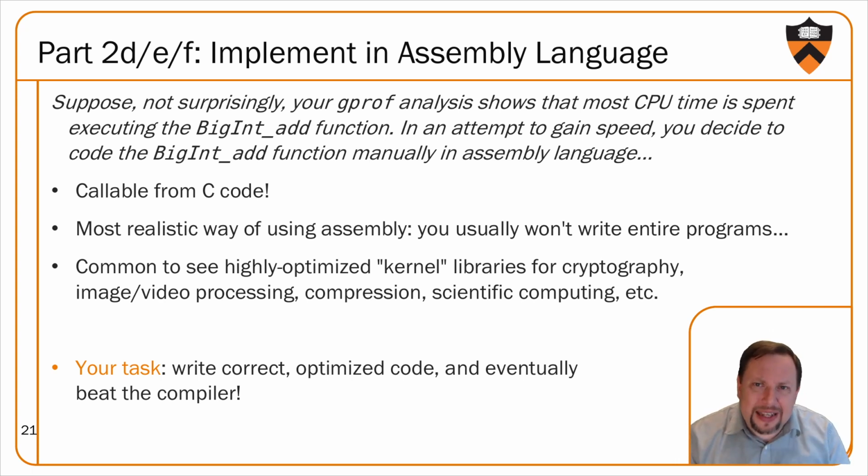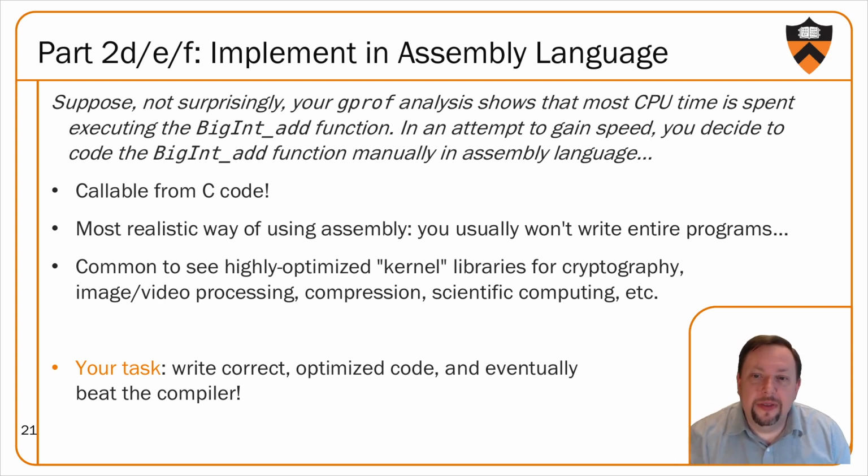People don't write entire programs in assembly language. They write little tiny narrow bits of code that they think they can make run super, super fast. That's all they write in assembly language. And for that to be useful, it has to be callable from code in C, let's say, or other programming languages. So, like I said, this is a common paradigm.